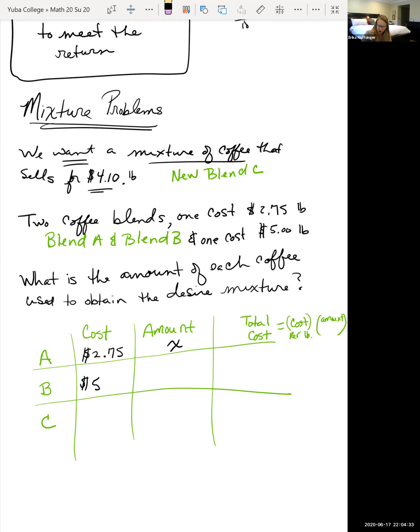And we know that our new cost we want is $4.10. We also want to know that cost when it's 1 pound. So I can say this is 4.10 times the amount, which is 1, so this is equal to $4.10.